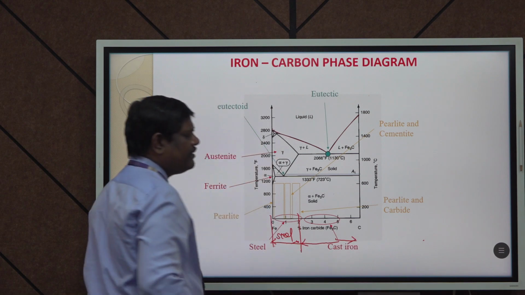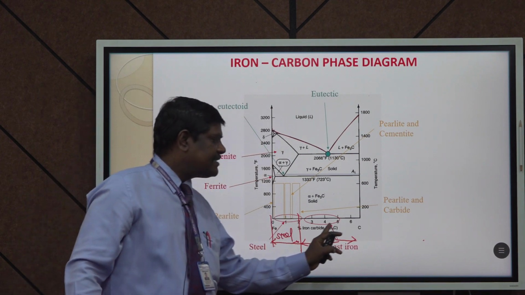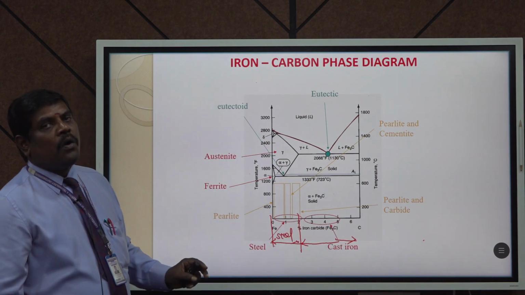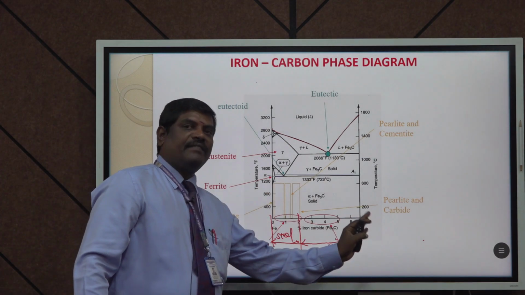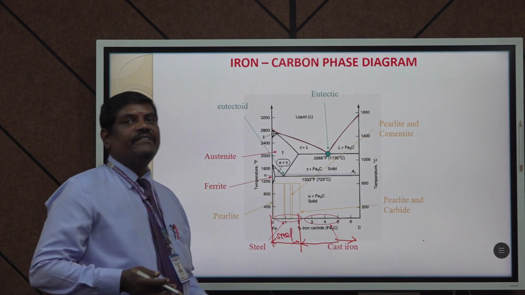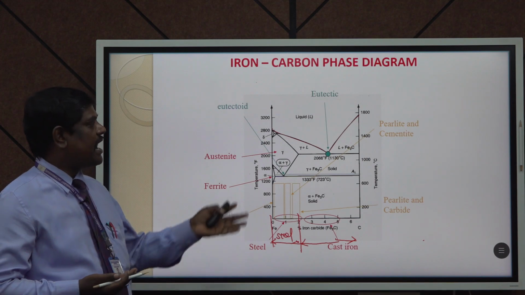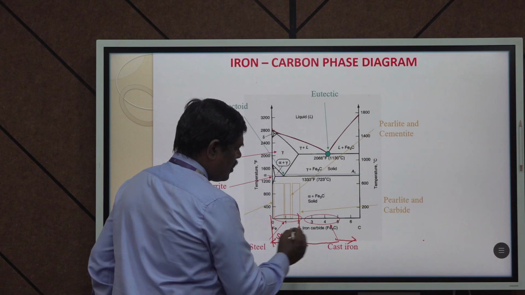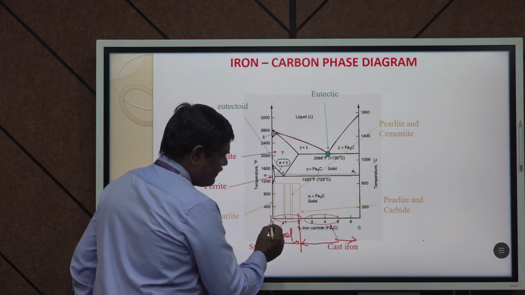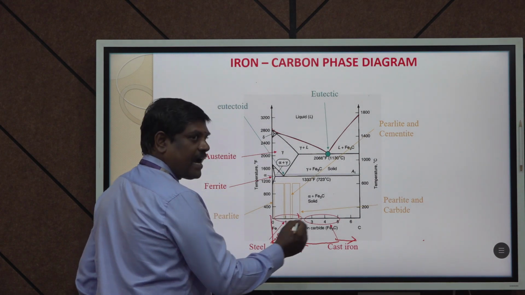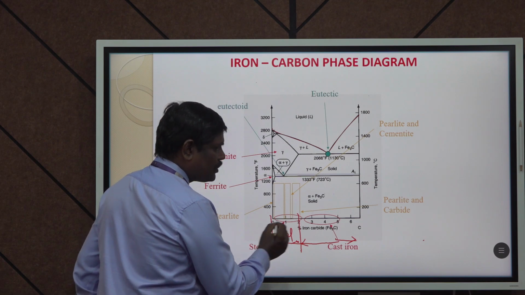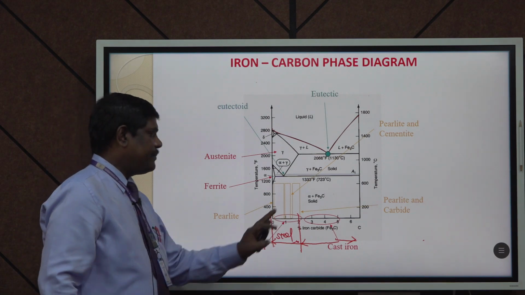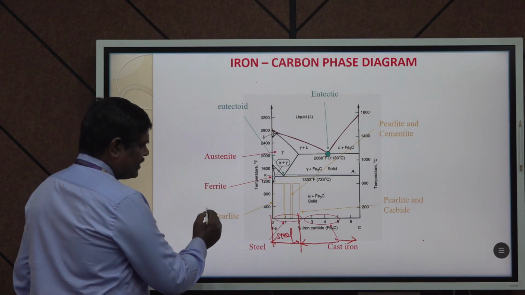Here I have marked the percentage addition up to 6.7%. Beyond 6.7%, there is no significant effect on the iron and iron carbon diagram. Hence the diagram covers the percentage addition of carbon in iron from 0 to 6.7%. This is very important, and here so many things are marked.